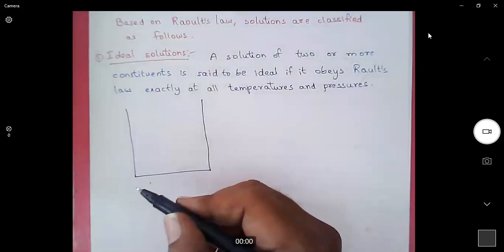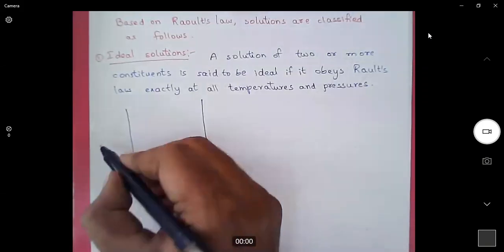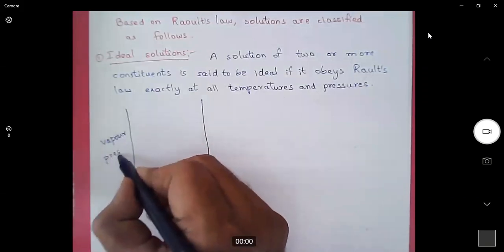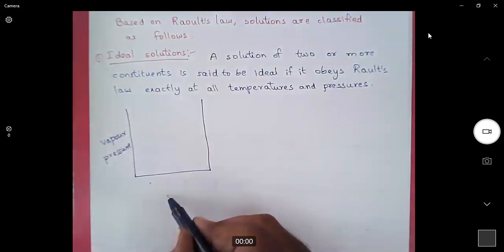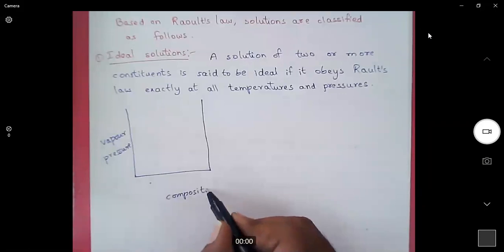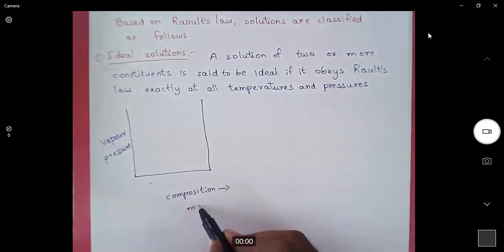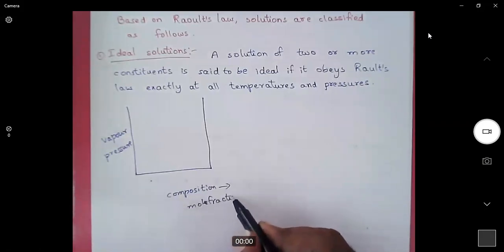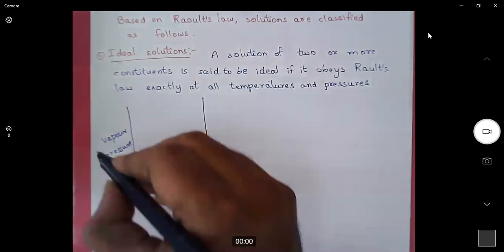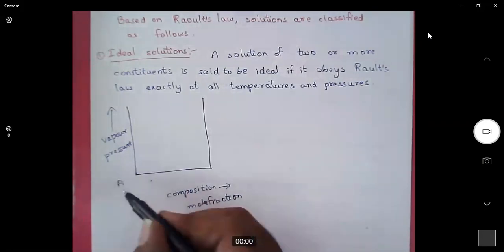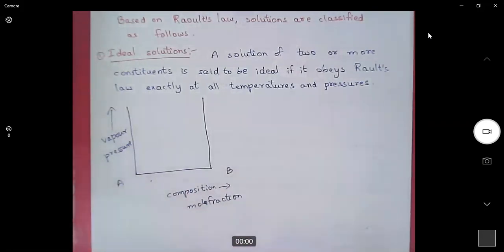Say, for example, we draw a graph of vapor pressure versus composition, or we can say mole fraction. On this side we have solvent A mole fraction and on this side solvent B mole fraction.